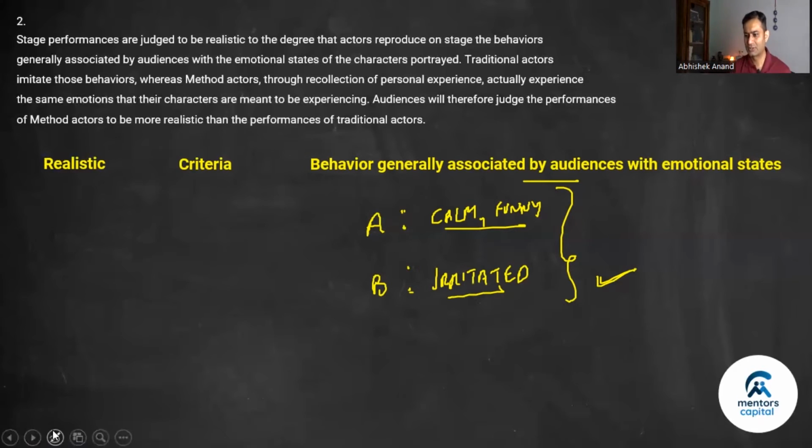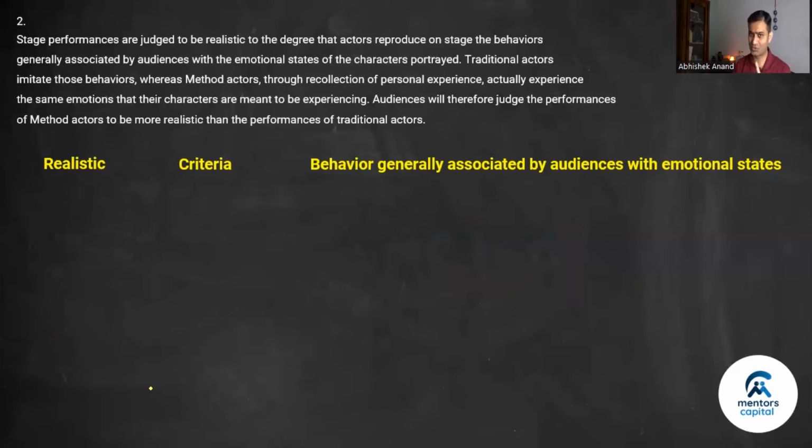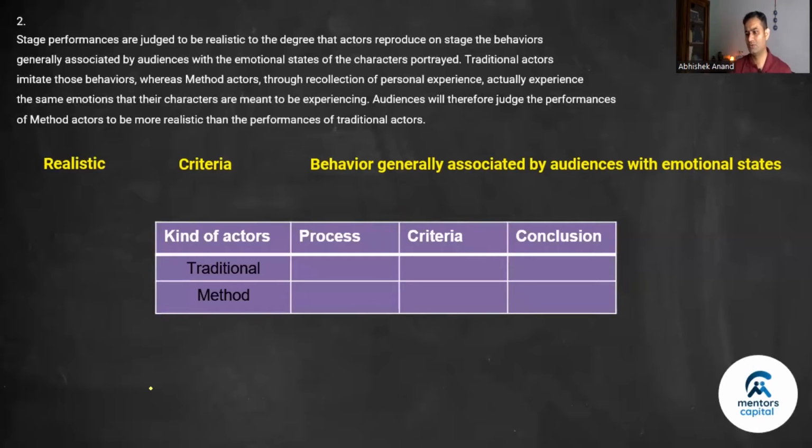So in an assumption question, a criteria would always be given. Then two kinds of actors are given to us, traditional and method. Their process is given. Traditional actors tend to imitate. Method actors tend to recollect from their personal experience. Now, this part is irrelevant for us in considering who would be more realistic, because the criteria is something else. The criteria is not the process.